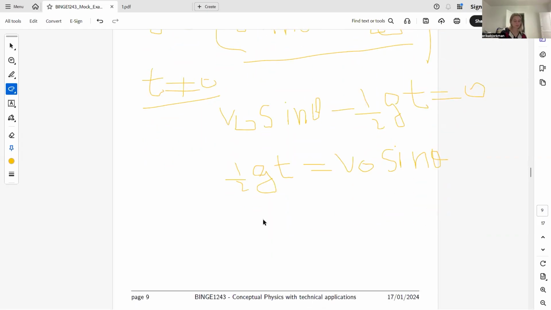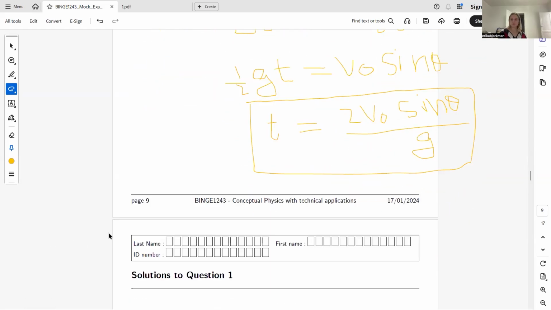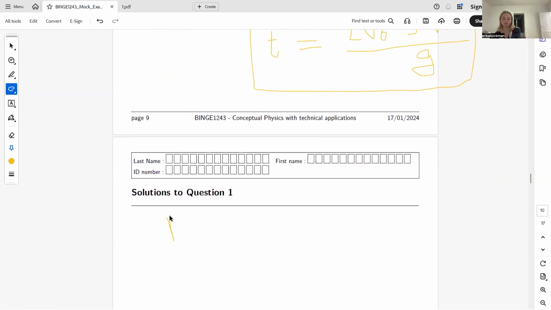Rearranging as I need the time t of flight, our equation will become 2 v naught sine of theta over g. That is the relation for the time of flight. But as he has not told us to calculate the time to reach the maximum height, we will not calculate that. The next part is to calculate the range.